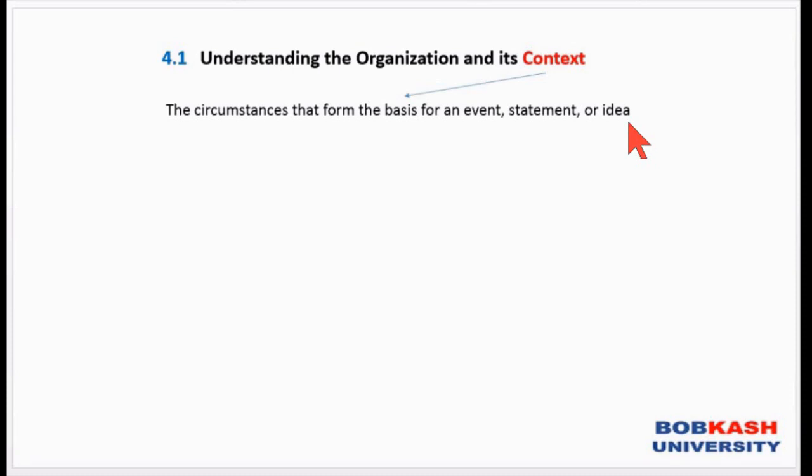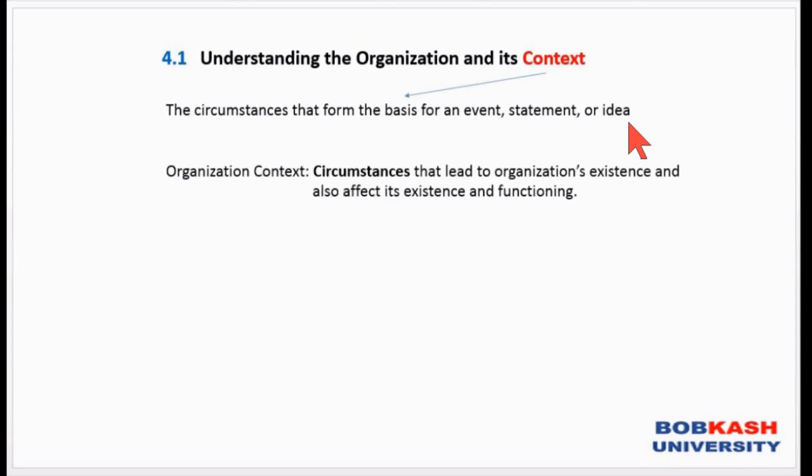So what does it really mean in the ISO standard? Organization context in that case means circumstances that lead to organizational existence. So that means what are those circumstances which affect the very existence of the organization and its functioning? So circumstances that lead to the organization's existence, affect its existence, and affect its functioning. Those are called the context of the organization.